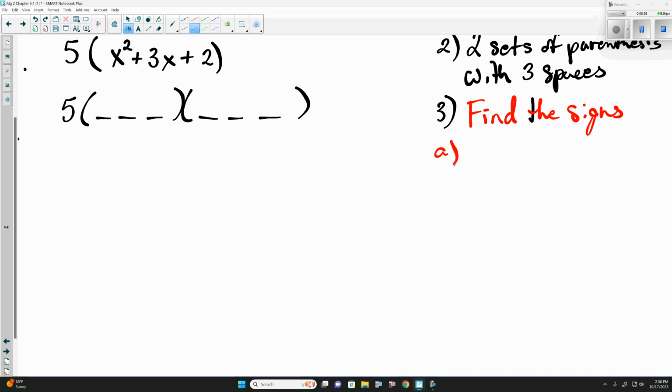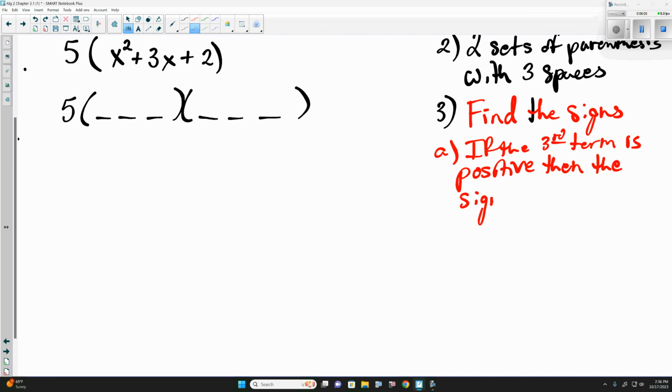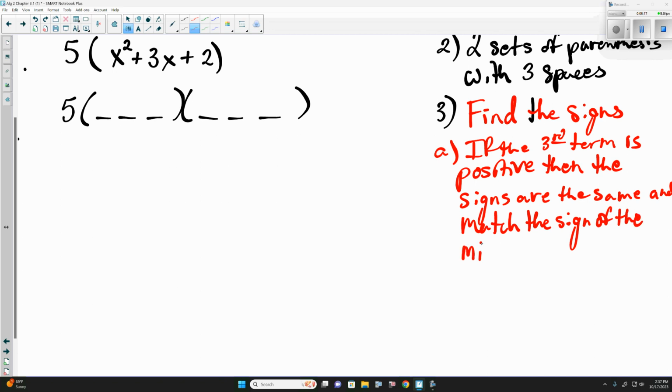Now for us, if the third term is positive, then the signs are the same and match the sign of the middle term.